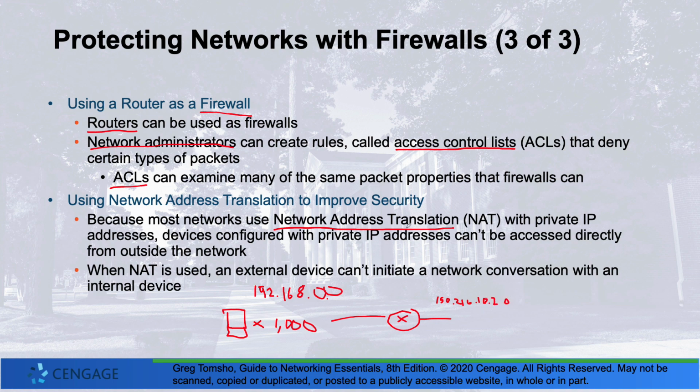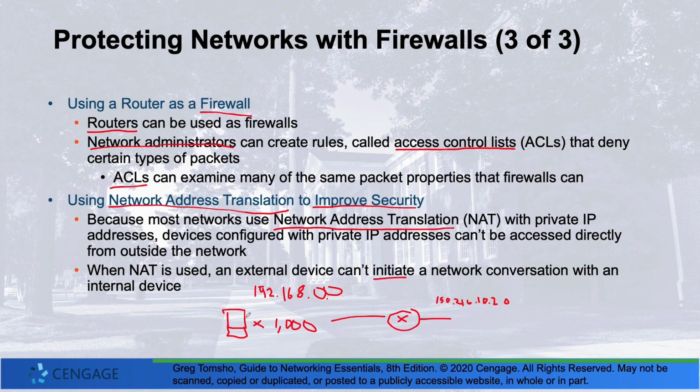So NAT can also improve your network security by hiding the source IP address of the computer that is initiating the traffic. So we can use NAT, network address translation, not only to give us more IP addresses so we can use the internet, we can also use it to improve security. Okay? When NAT is used, an external device can't initiate a network conversation with an internal device.